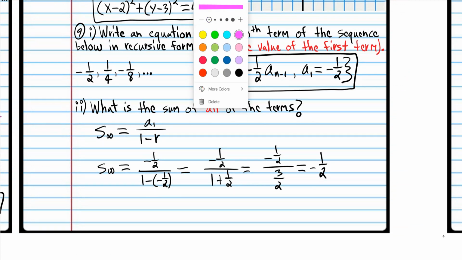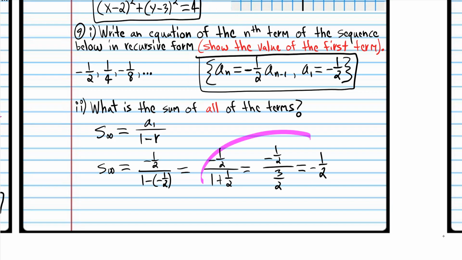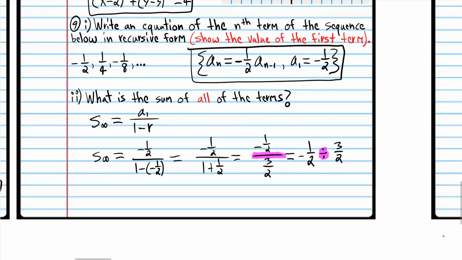This is precalculus, so you should know what to do. What does that fraction mean? It means division, right? There's a lot of different ways you can think about this, but students typically prefer to think of that as a division symbol, and you're just dividing fractions, right?